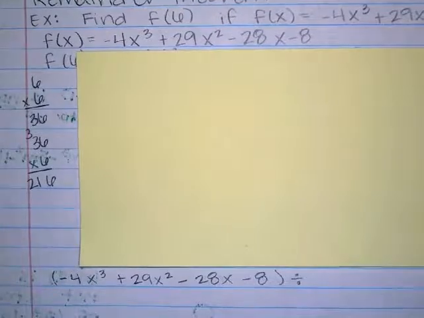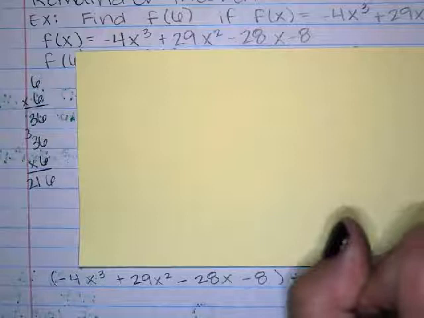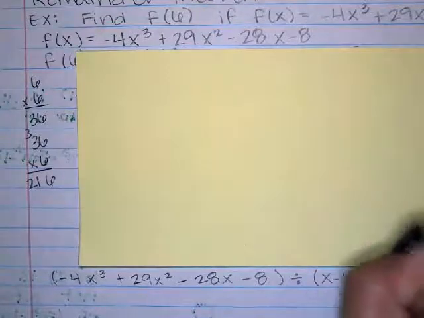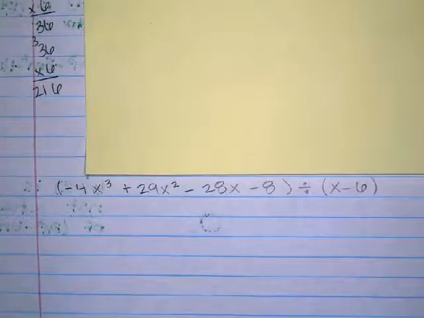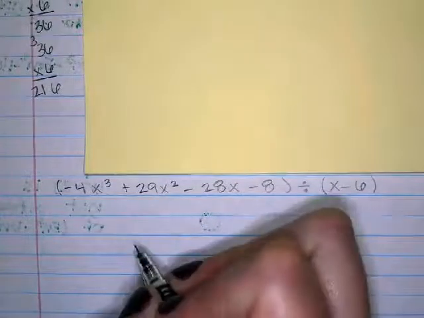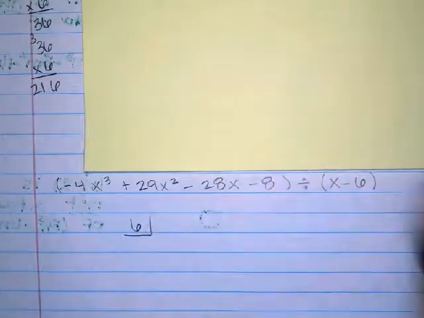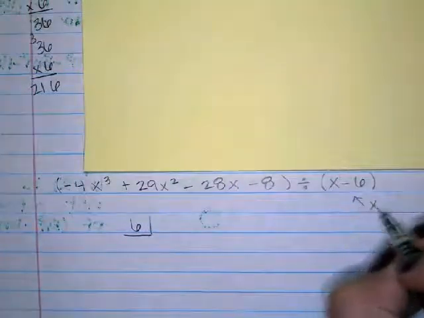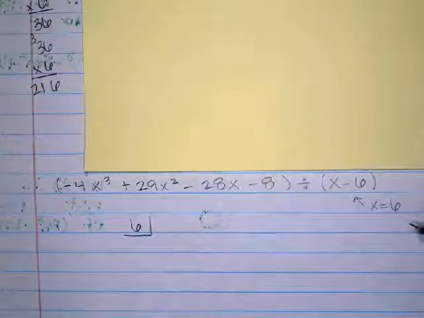Okay. So now let's do synthetic division on this problem and see what the remainder is, and then we'll see what the remainder theorem is all about. This means we're going to have a 6 in the box, right, because x equals 6. So far we can see that this is related to the original problem because in the original problem we were plugging in 6. So right now we're dividing by the factor.